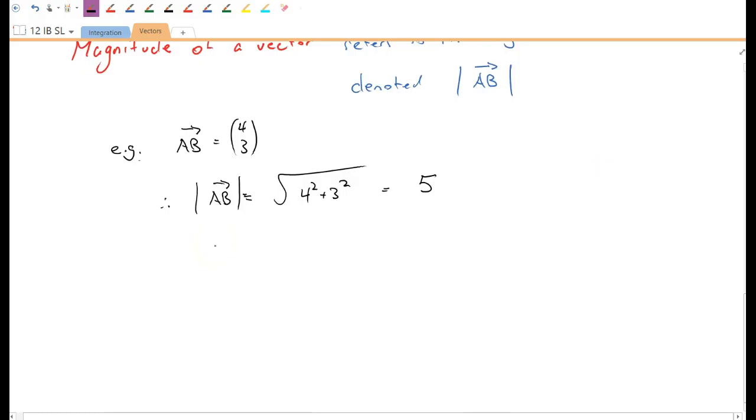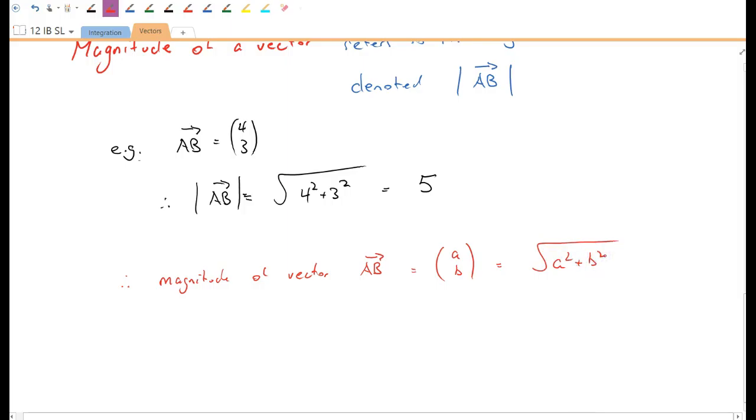So for a general vector, the magnitude of vector AB, say AB equals (a, b), equals the square root of a squared plus b squared.